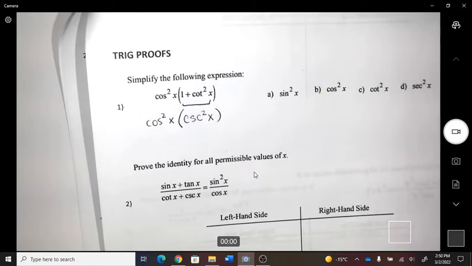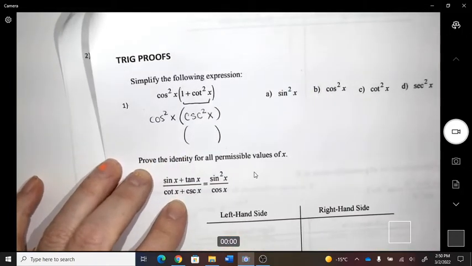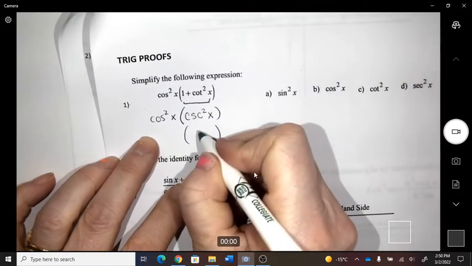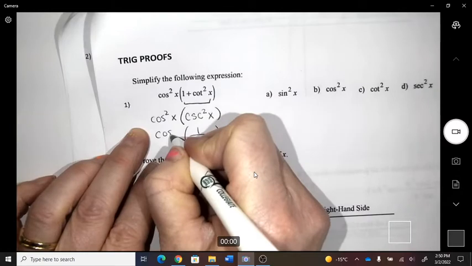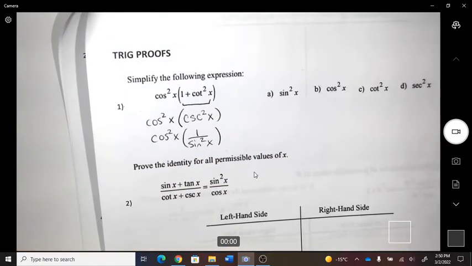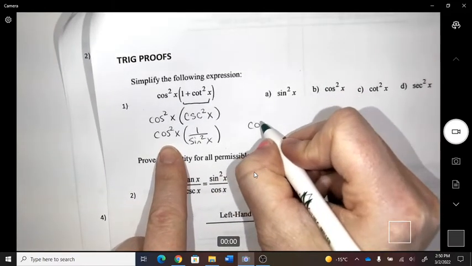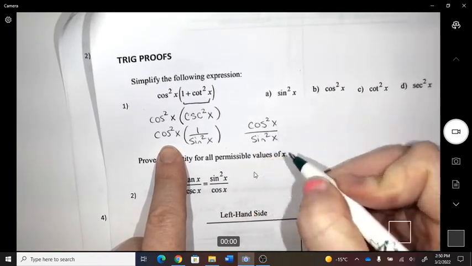Okay, what is this the flip of? Did you pick sine? Okay, so now this makes a cos squared on the top and a sine squared on the bottom.